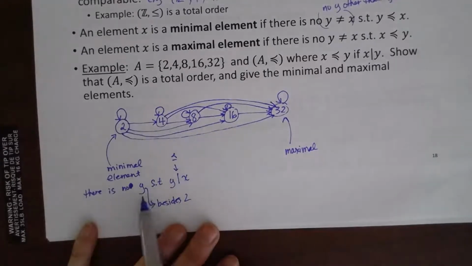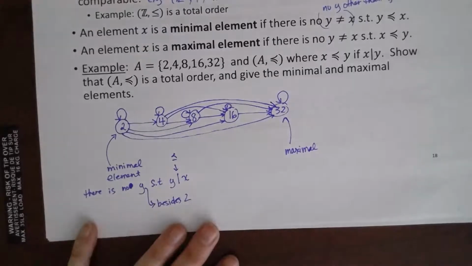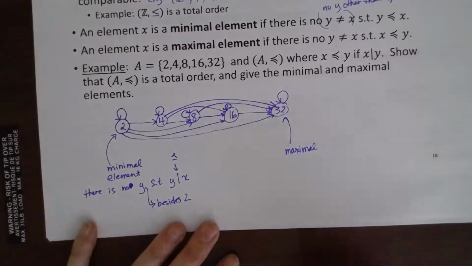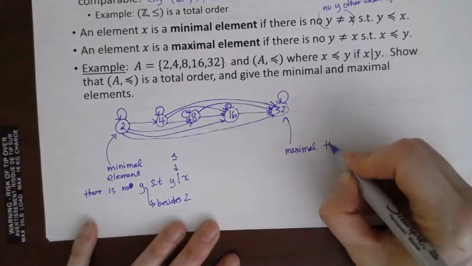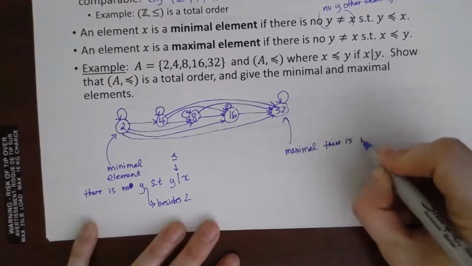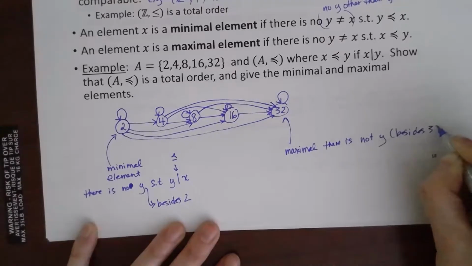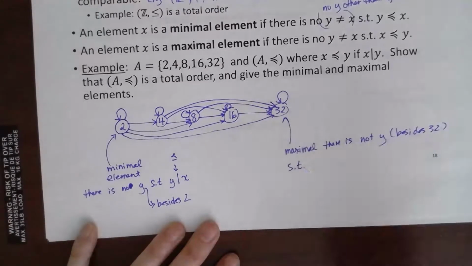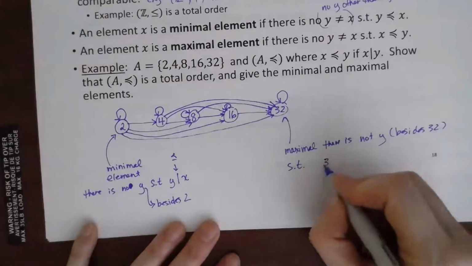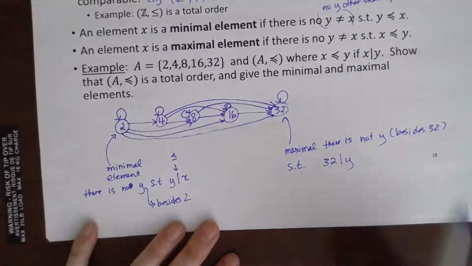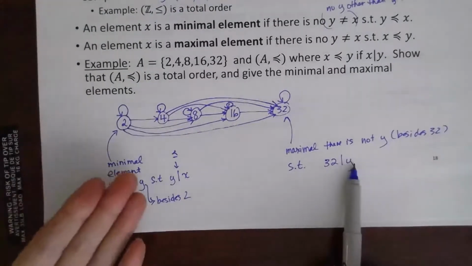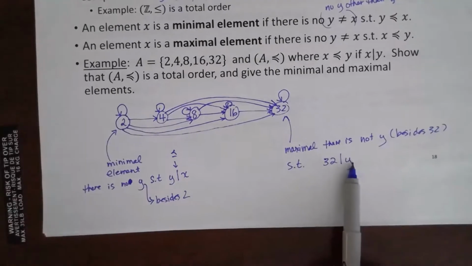Right, so yes, of course, 2 divides itself, but there's no y besides x itself. So for the maximal, there is no y besides 32 such that 32 divides y. So the only thing that would work there would be 32 itself. There's no other y besides that would work.